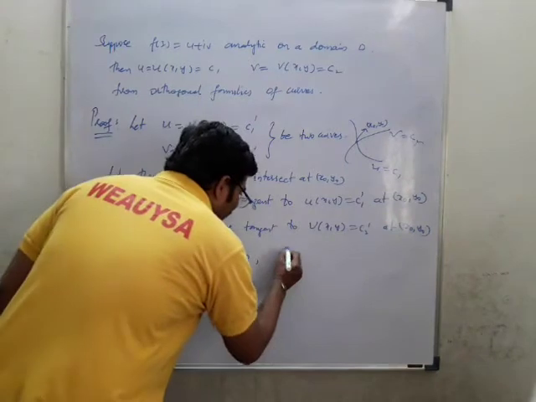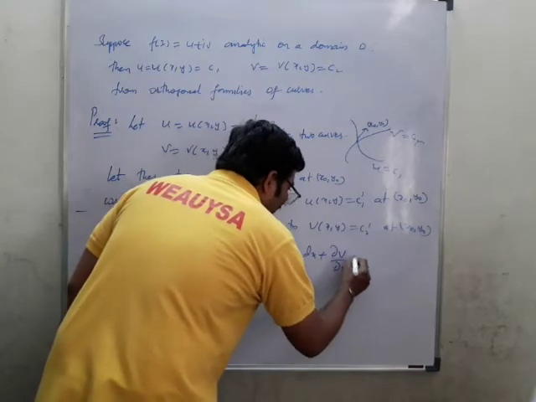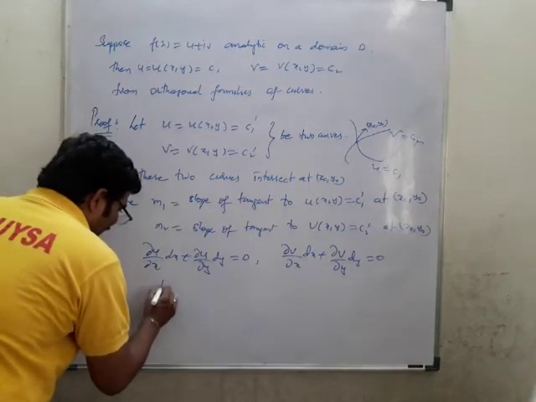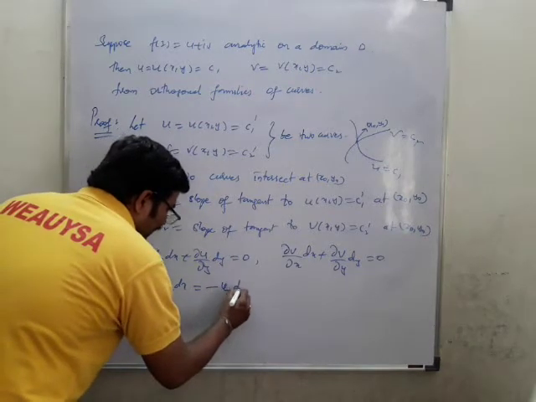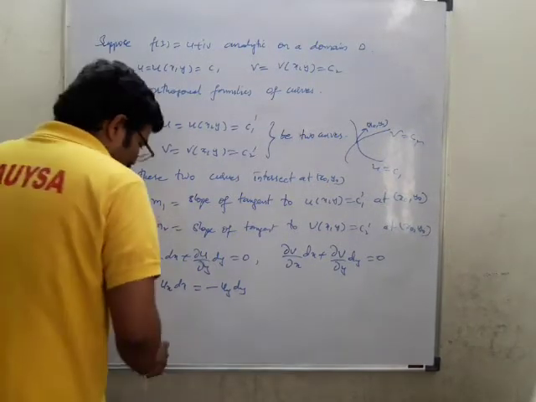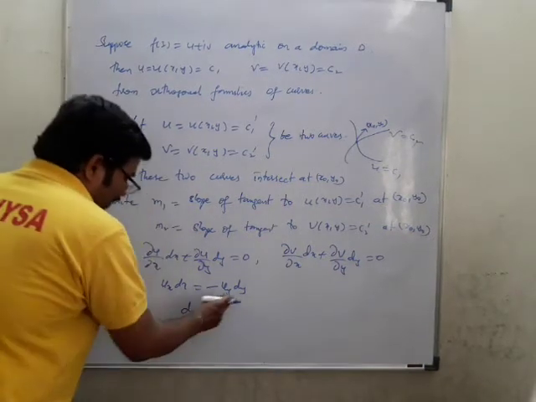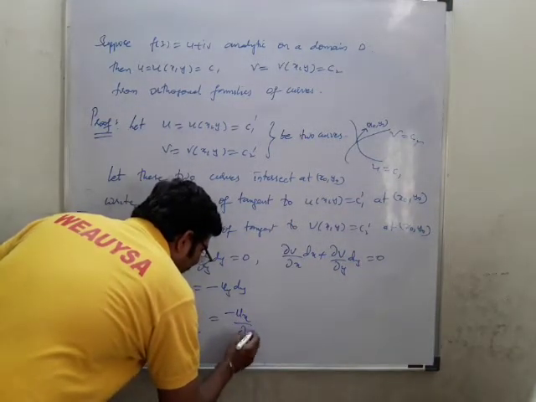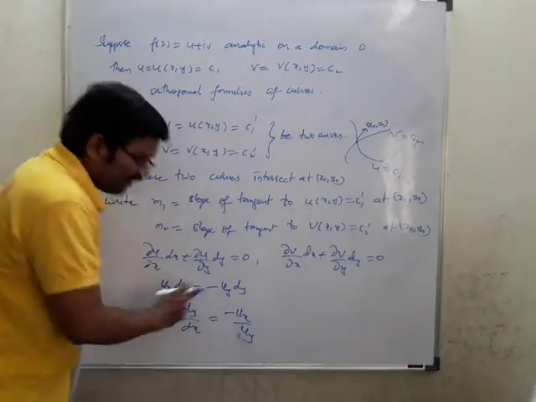I may write this as ux dx is equal to minus uy dy, where dou u by dou x is ux and dou u by dou y is uy. Taking dx to this side, dy by dx equal to minus ux by uy.